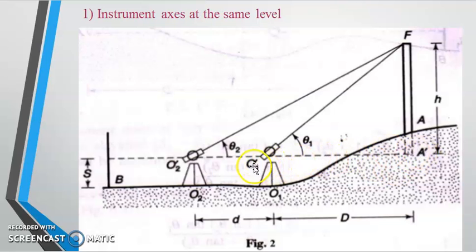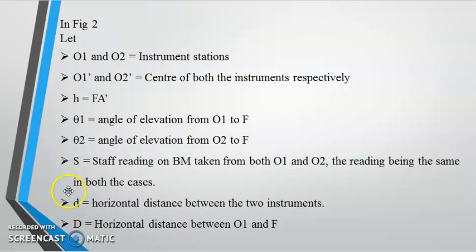Now I am using O1 dash and O2 dash as we have to consider the center of the telescope or the center of the instrument. O1 and O2 are the ground points of the instrument stations. So here O1 and O2 are instrument stations, and O1 dash and O2 dash are the centers of both the instruments.